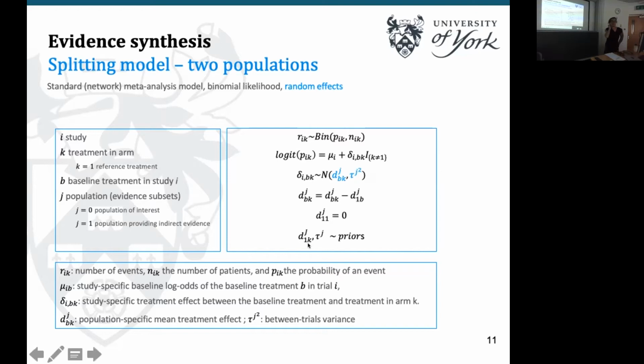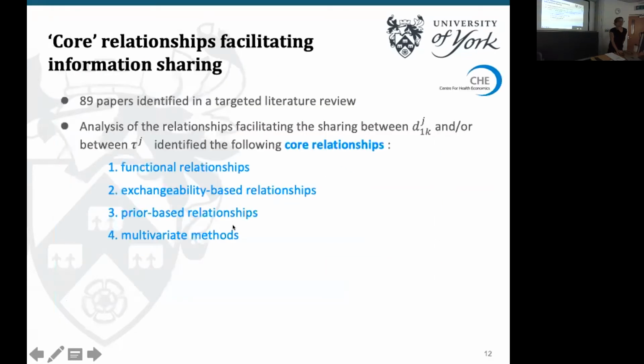In a Bayesian setup, you assign priors to the treatment effects, and this is all ruled by consistency equations, which make everything link together. So that's just a form of introduction.